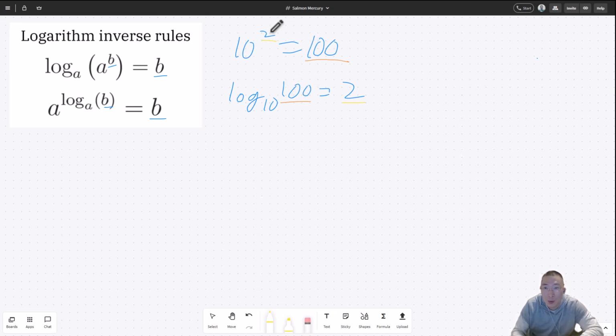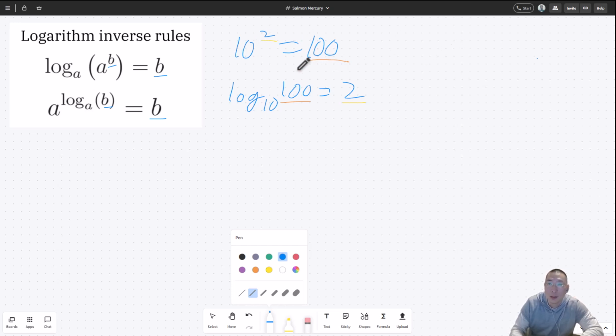We're going to input 10 squared instead of 100, and we get this top one here. And in the top one, if we replace this 2 with log base 10 of 100, we get this bottom one. This is the second inverse rule here. Okay, so now let's go over the basics and see how this works out.